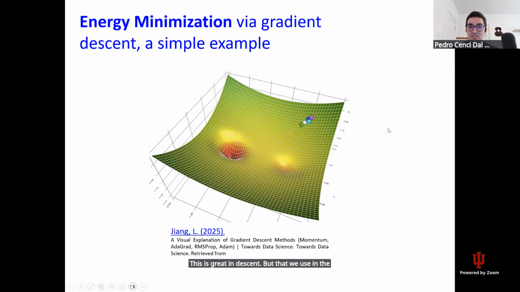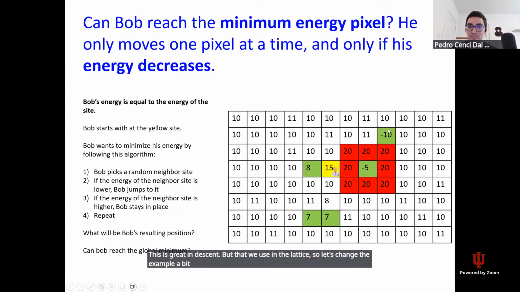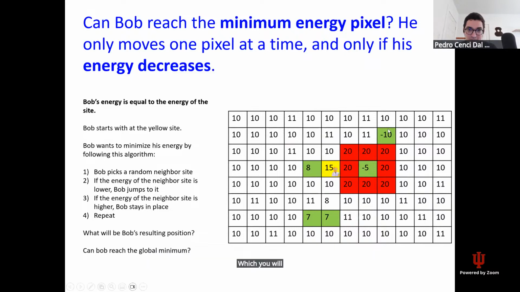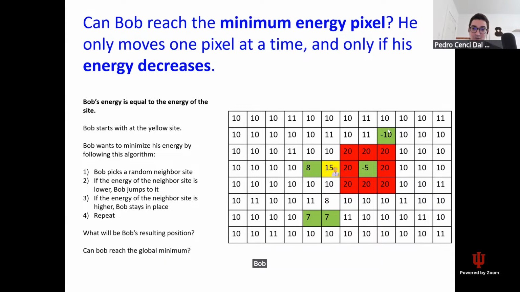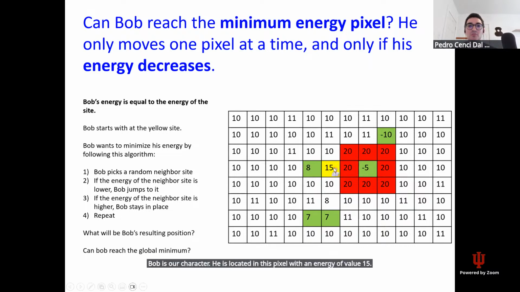So let's change the example a bit. And I will give you questions which you will think through and answer in the chat. So here we have a simple game. Bob is our character. He is located in this pixel with an energy of value 15. So the value of the pixel where Bob is at is the energy that Bob has. All good?